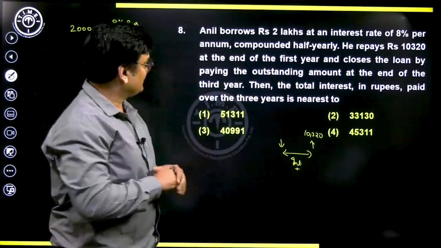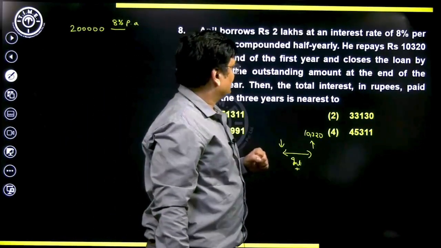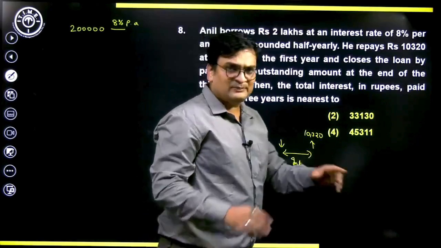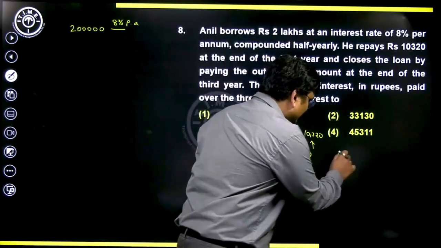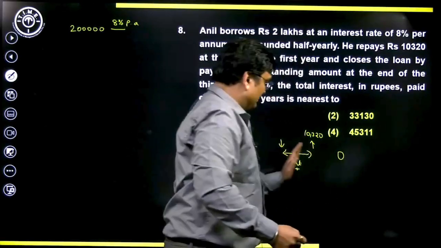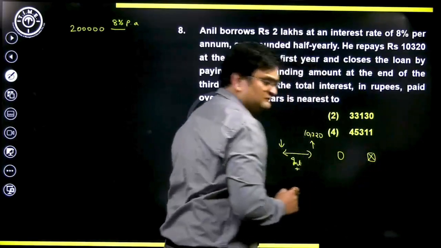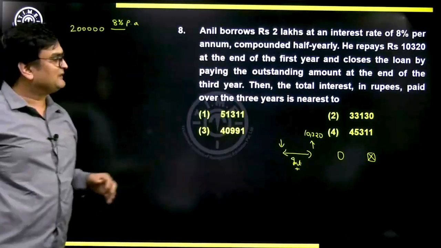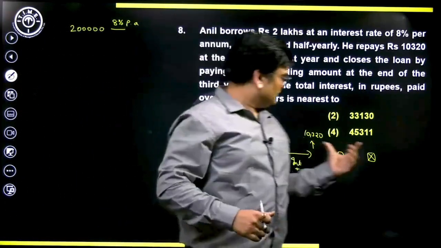We don't know that value as of now. For the next year, he makes no payments. Directly, he makes the payment after 2 more years, so finally after the third year he closes the loan by making the entire payment. The question is, what was the total interest paid over the 3 years?